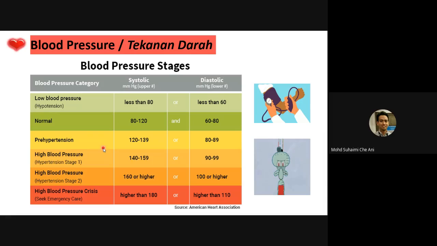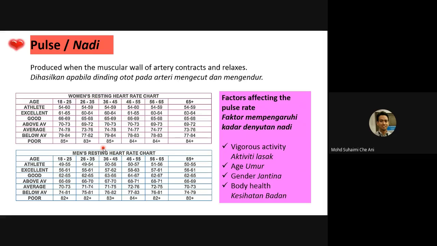Right? So I continue. Next is the pulse. Compared to the blood pressure, pulse is different. Pulse looks at the wall of the artery as it contracts and when it relaxes. For example, you can find the pulse on your neck and on your arm, if you hold it.